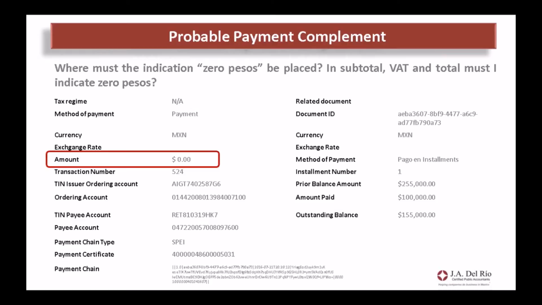And actually, this is one part of the reasoning that the authorities are explaining as part of informing this new obligation. They say that with this new complement, taxpayers will be able to control their AR through the CFDI.